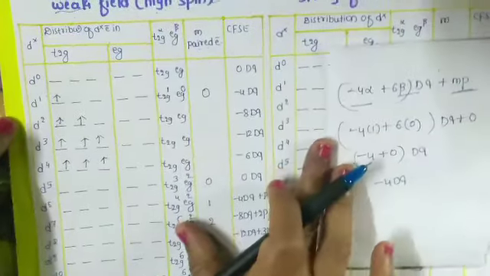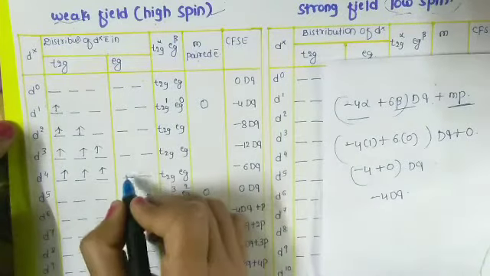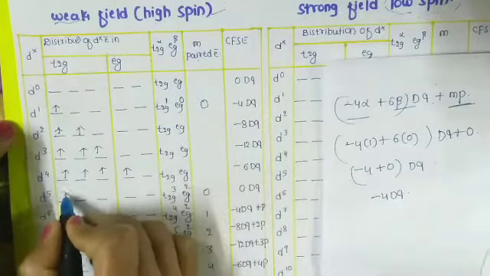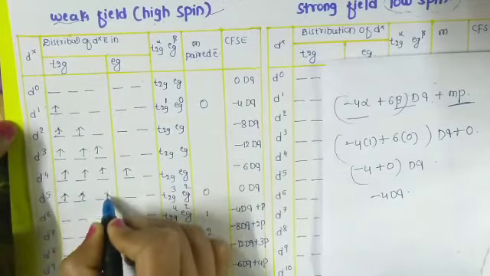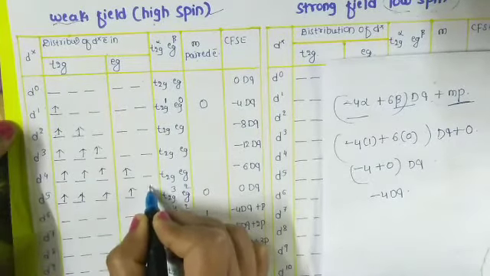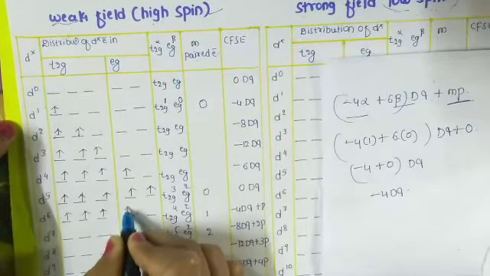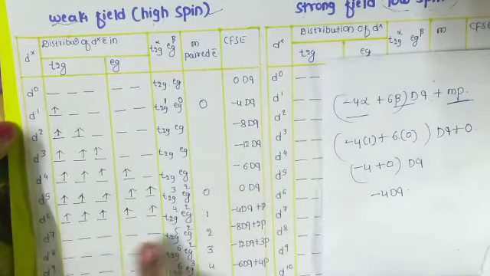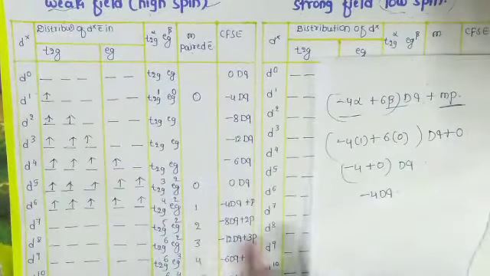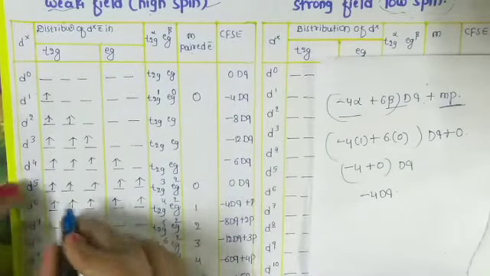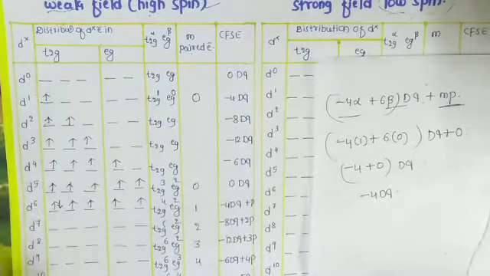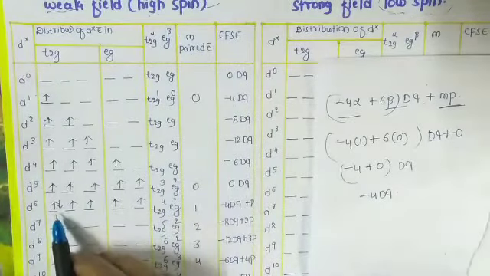So the electron goes into the high spin, and then next d5, 1 2 3 4 and this is the 5. Here the 5 is complete, and then the sixth one comes here. This is the sixth one, because it is high spin.